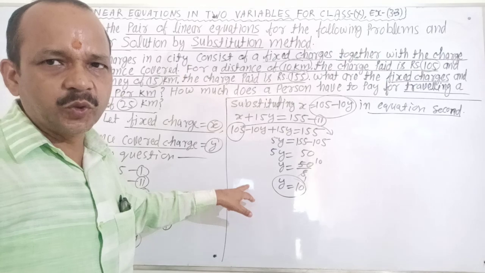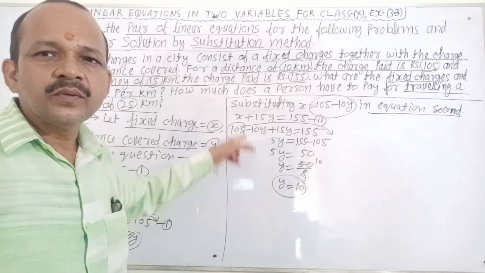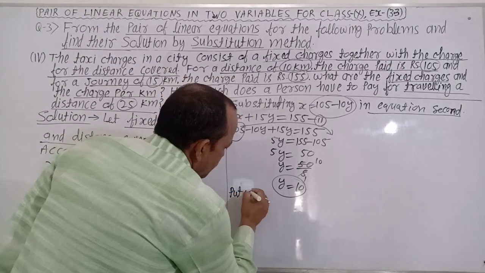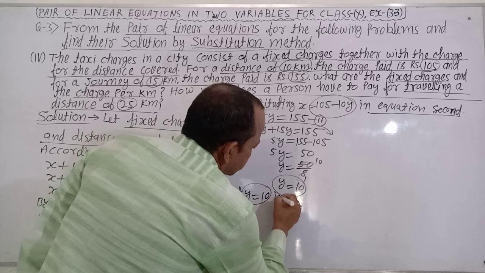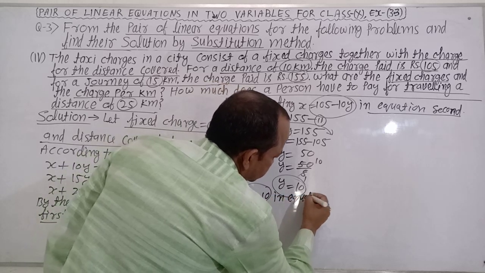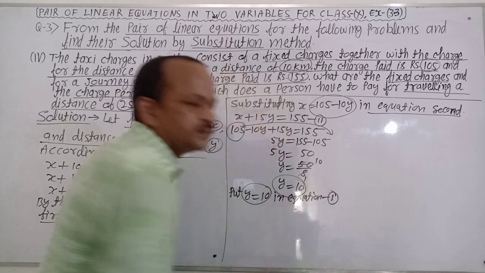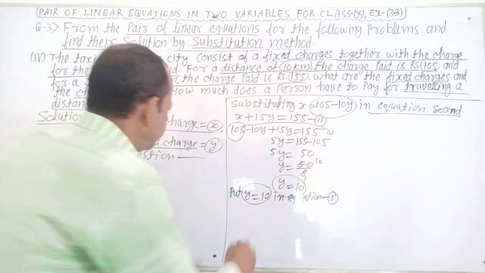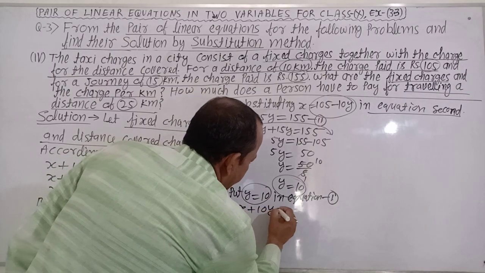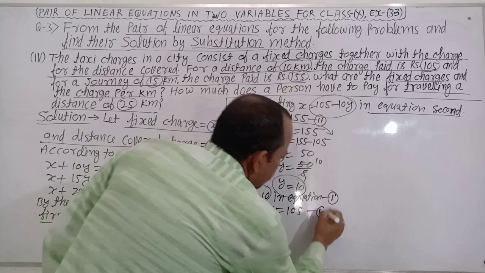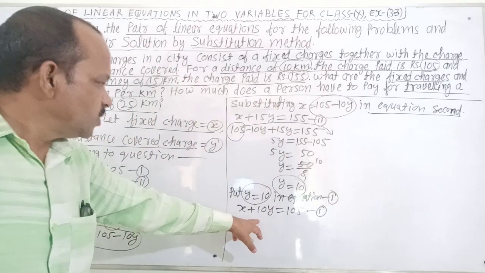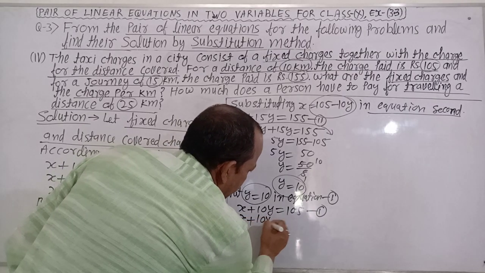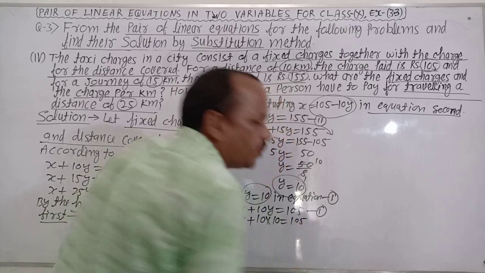Put y equal to 10 in equation second or first. Put y equal to 10 in equation first. Clear? Equation first is x plus 10y equal to 105. You put y equal to 10. Here x plus 10 multiplied by 10 equal to 105.